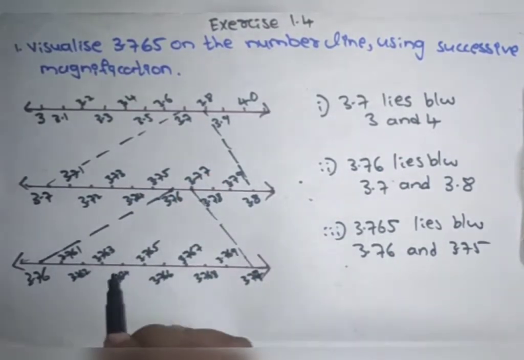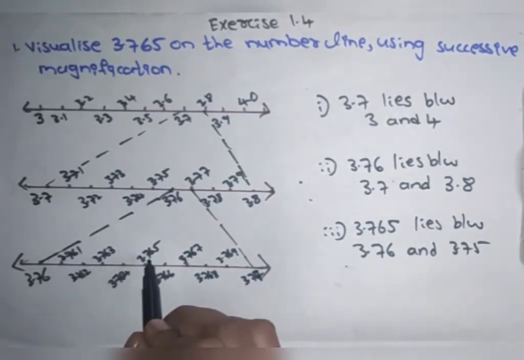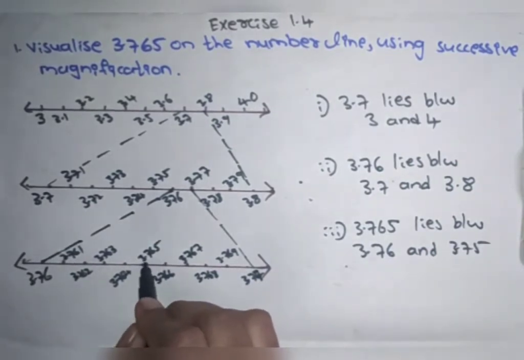Now which number do we want? 3.765, this.